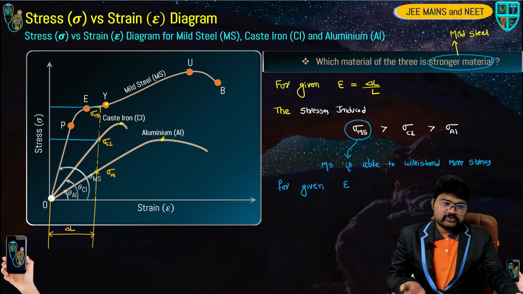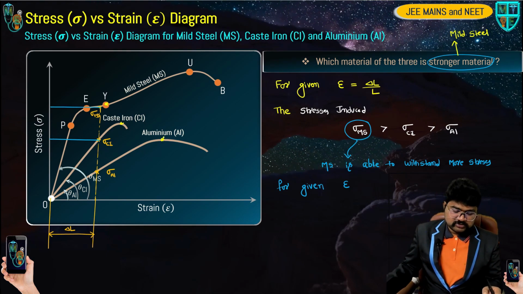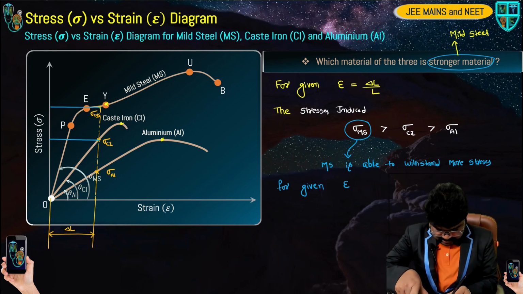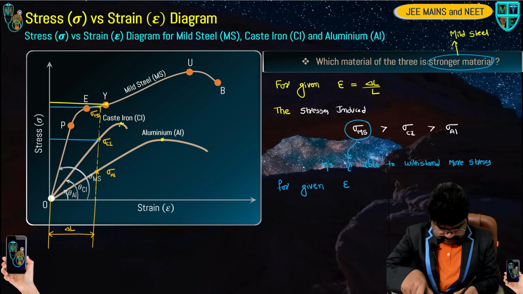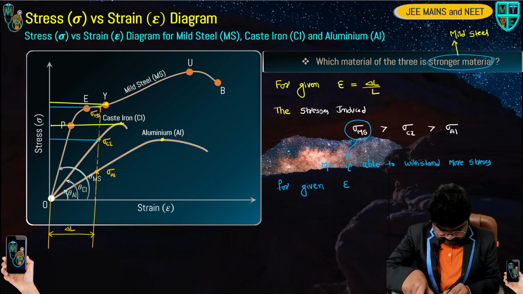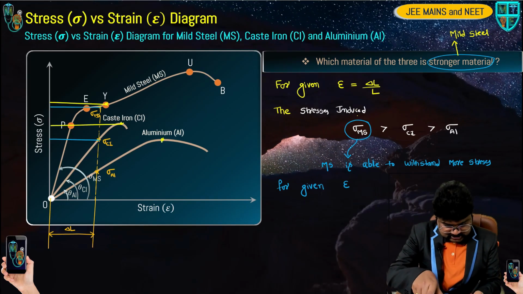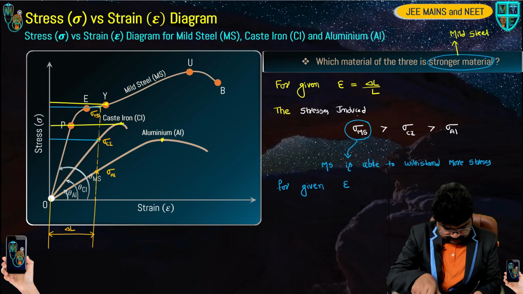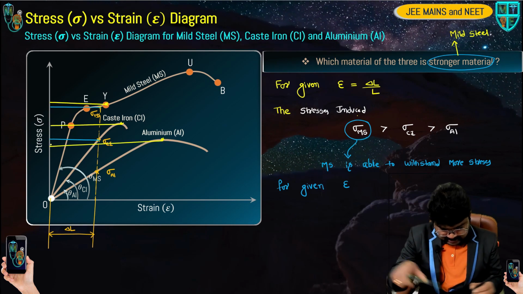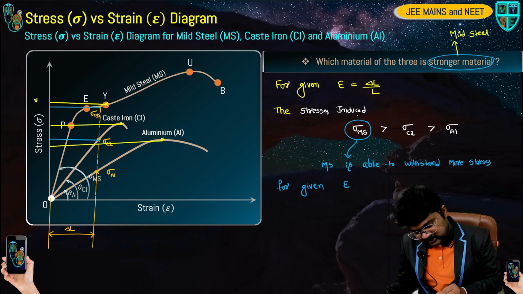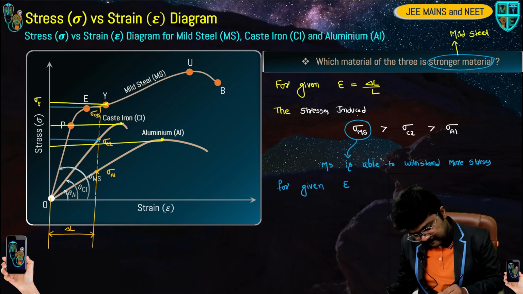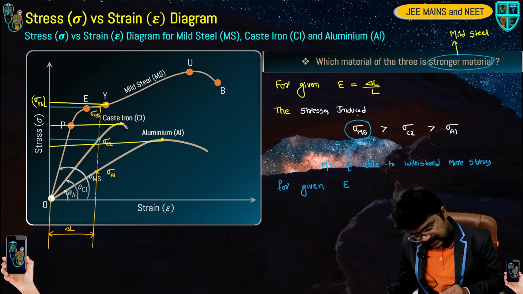In order to judge which one is stronger, from here to here, this is the yield strength of cast iron, the yield strength of aluminum, and the yield strength of the mild steel.